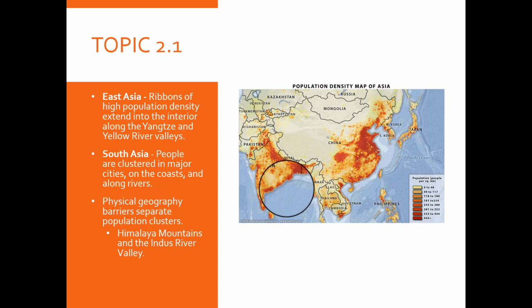In this case, if you look at this map, the Himalayan mountains, which is the region right here, make that separation between the clusters or concentrations of the population in certain areas. There's not much here, but there's a lot here, right? Because number one, it's close to the ocean, and two, the Himalayan mountains make that barrier to living in this area, right?